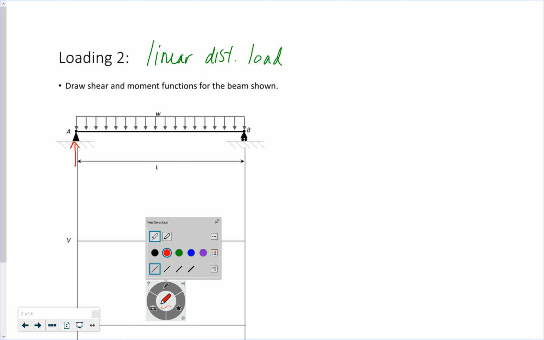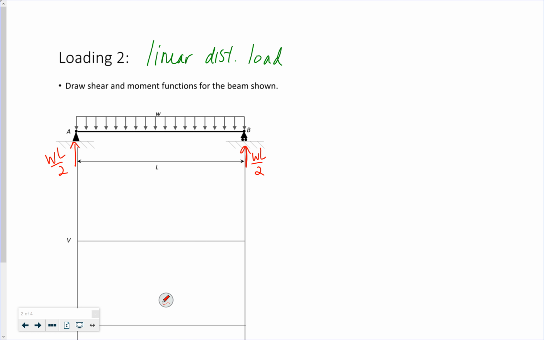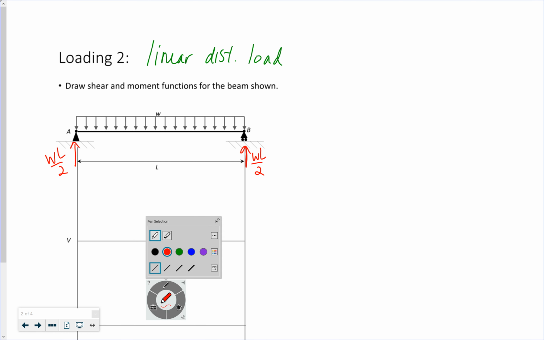WL over 2 on one side, WL over 2 on the other side. I don't have any changes in load, so I can take the entire beam as one section. I don't have to break it up into 2 like I did with my concentrated force, because I didn't have a discontinuity.